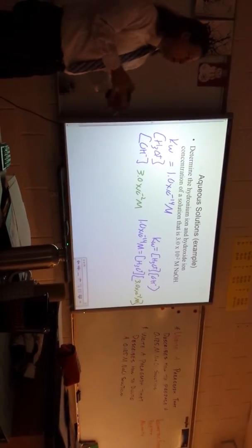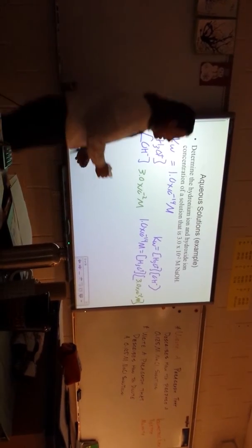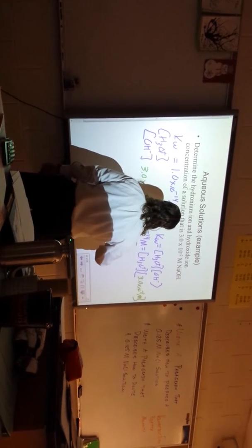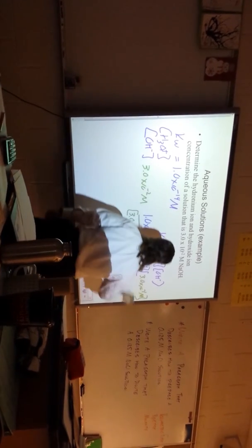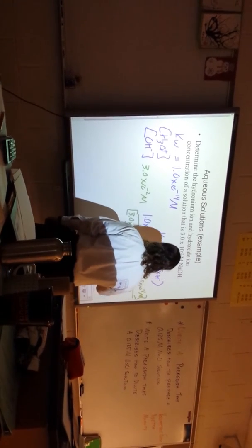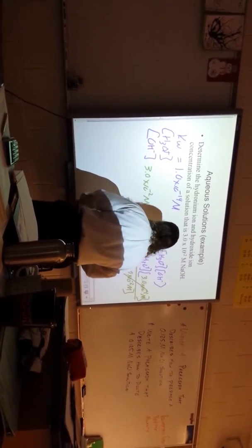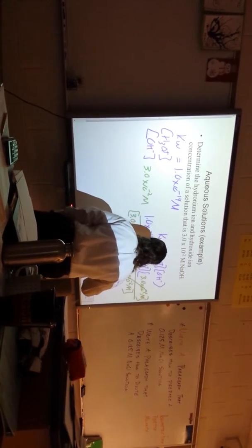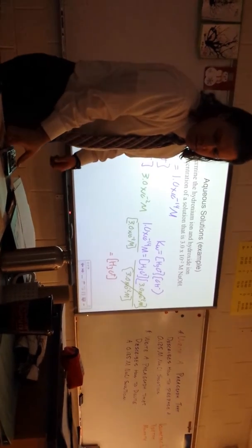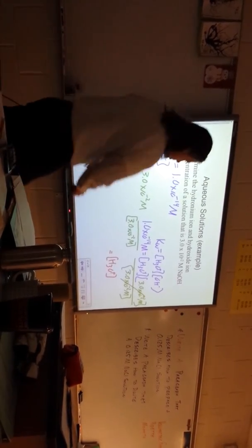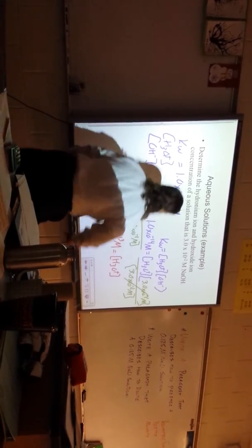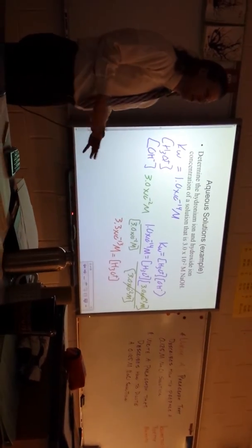And so when I divide both sides by the 3.0 times 10 to the minus 2 molar, I get a value for H3O plus of 3.13 times 10 to the minus 13.